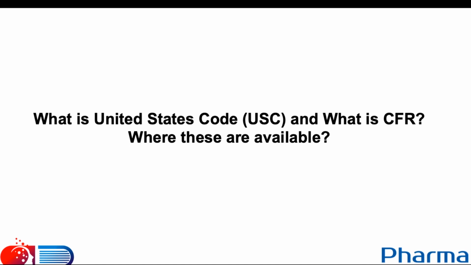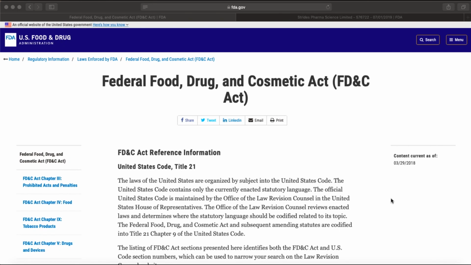So we know now what is United States Code and what is CFR, what is the difference between an Act and regulations. But where are these available? So let's find them. Where to find the United States Code or the Act, the FD&C Act? Here, this is another page of the FDA website.